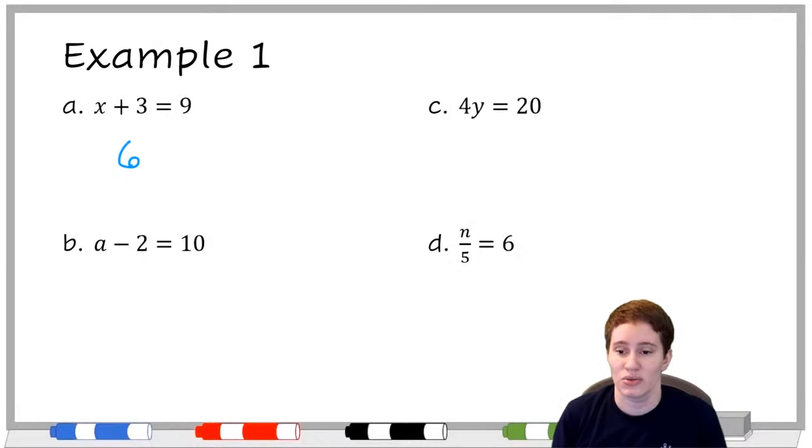And we'll just go through the rest of these and see if we can do the same thing. Because it's an equation, actually, we'd write x equals 6 to say, hey, you asked me what x is, and now I've told you x equals 6. On B, a minus 2 equals 10. So there's a number that we should be able to put here that when I subtract 2 from it, gives me 10.